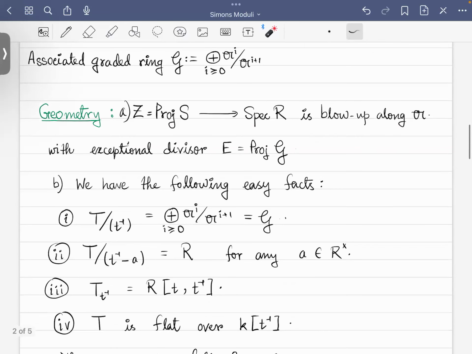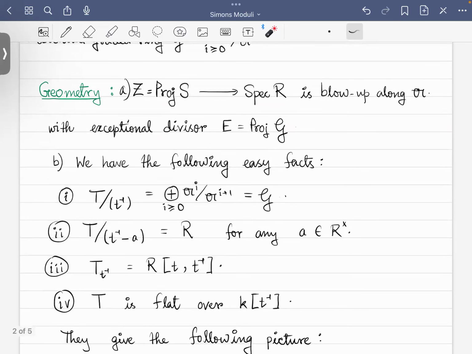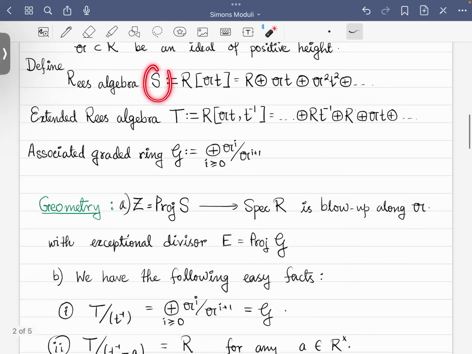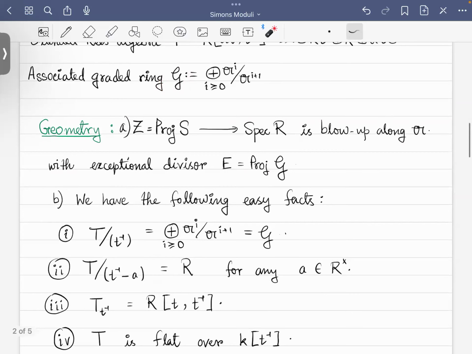Before I go into the technical parts, I wanted to record some easy observations or the geometry behind these objects. So proj of S is the blow up along A with exceptional divisor E equals proj G. That's how S and G fit into the geometry.